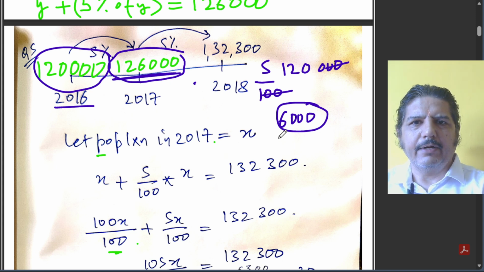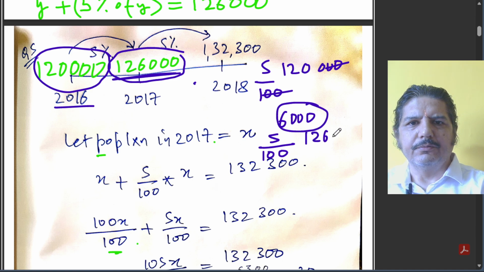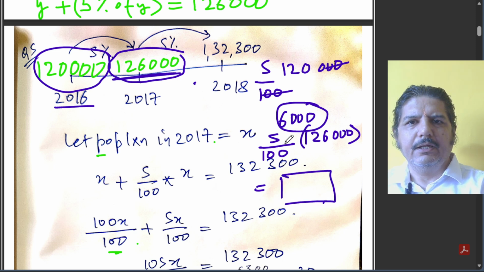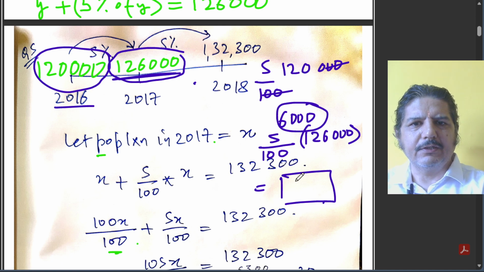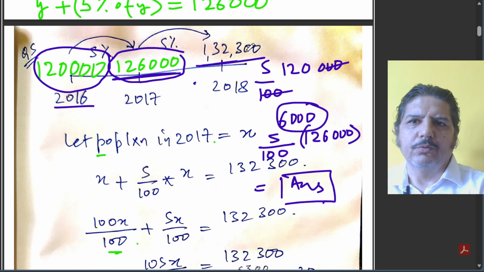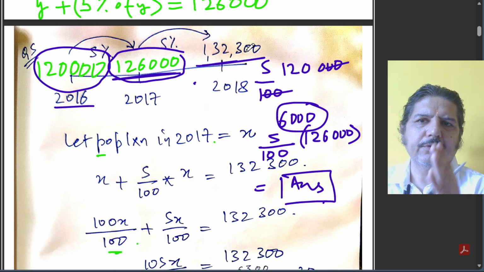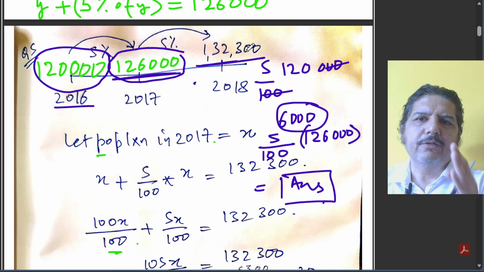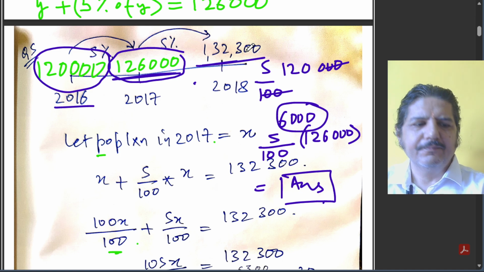You'll find the 5% of 1,26,000, and when you add 1,26,000 plus this answer, you will get 1,32,300. Hope this is making sense now. So in 2016, the population was 1,20,000. In 2017, it was 1,26,000. And in 2018, it is 1,32,300.